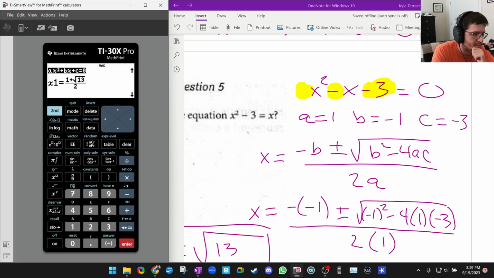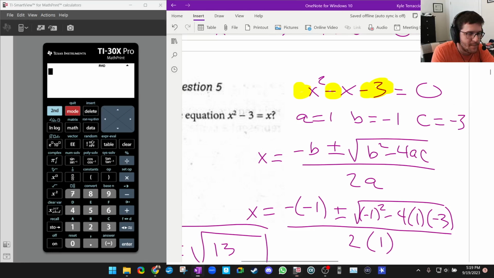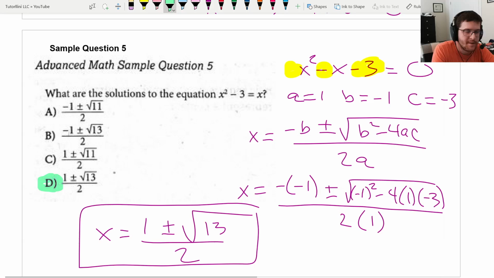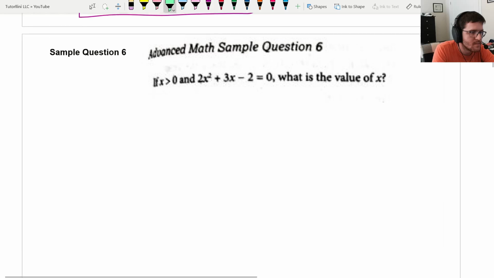And I get 1 plus root 13 over 2, and then 1 minus root 13 over 2. So very, very straightforward. Really, if you had a scientific calculator, you just had to get it all to one side. Again, go watch my video about how to do that on the Casio if you're not sure. Great, let's keep going.